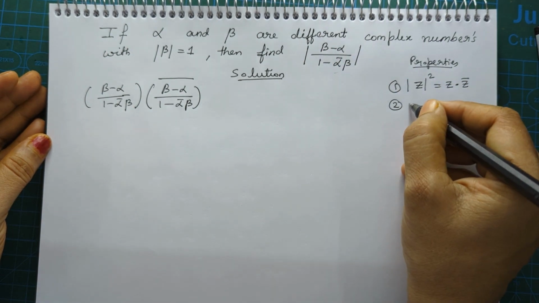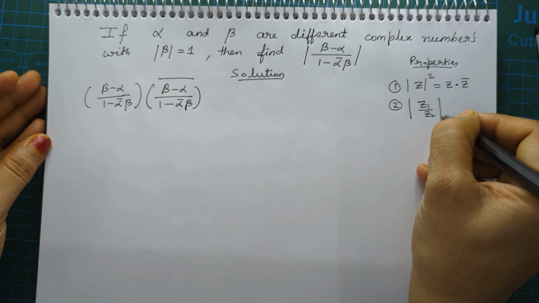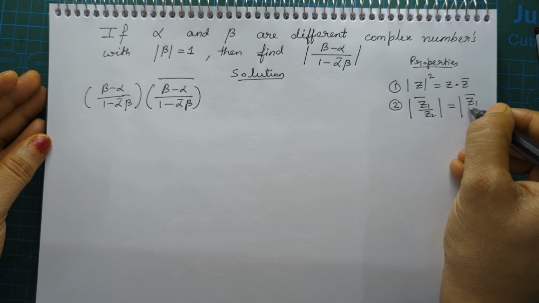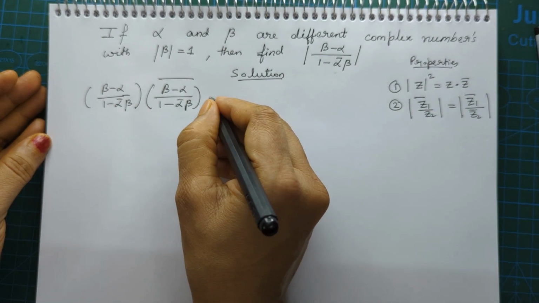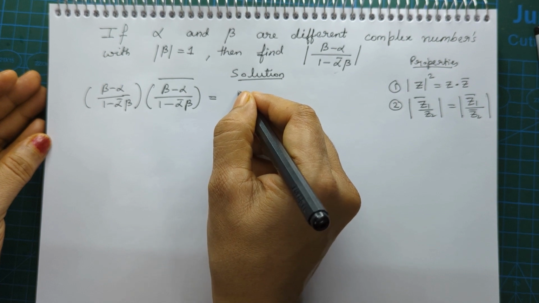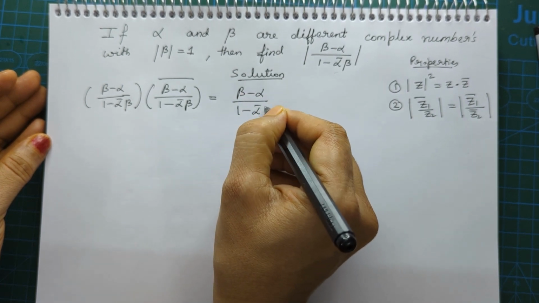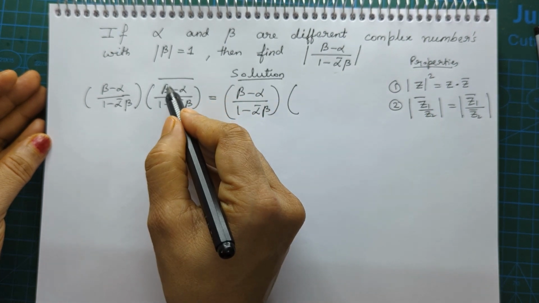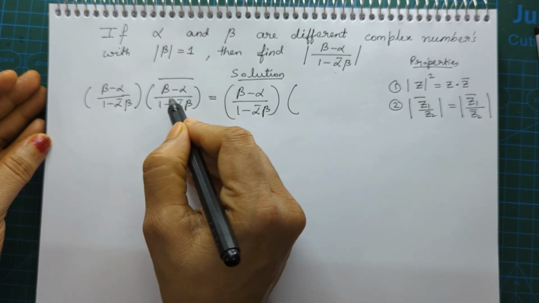Second property that we are going to use is mod of z1 by z2, overall conjugate, is mod z1 conjugate by z2 conjugate. So here we will get beta minus alpha by 1 minus this, as it is, and then this conjugate will go to all of them, to individual terms it will go.